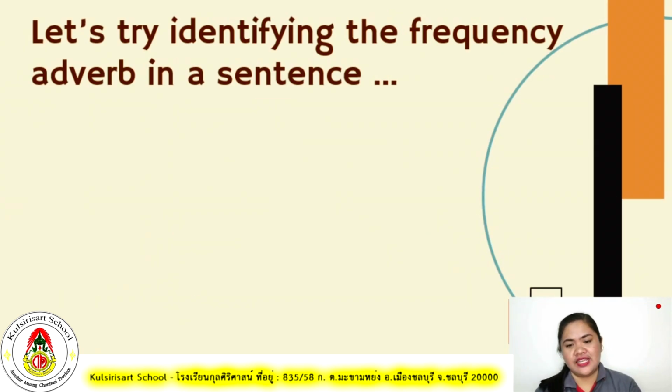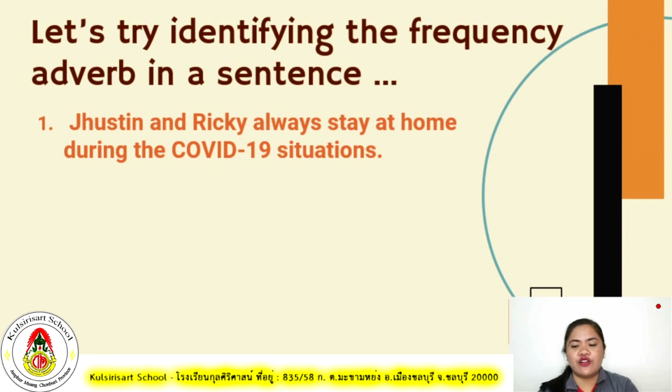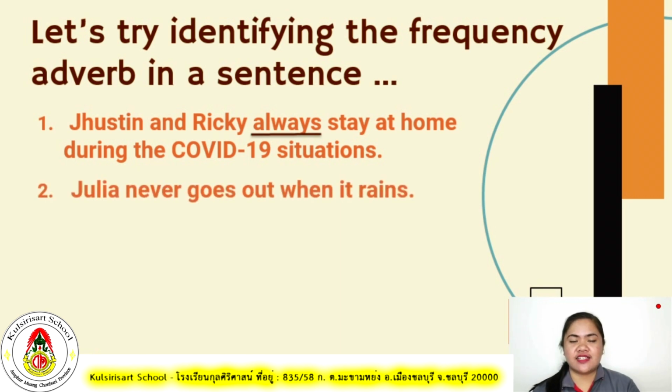Now, let's test if you really remember the frequency adverbs. We have the sentence, Justin and Ricky always stay at home during the COVID-19 situations. The answer in this sentence is always. That's good. Next, number 2. Julia never goes out when it rains.